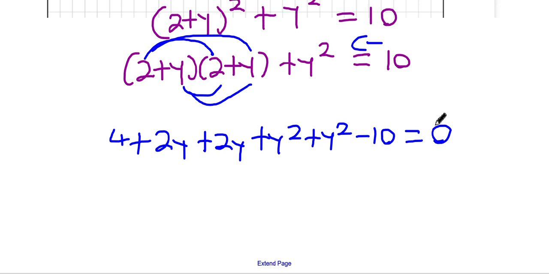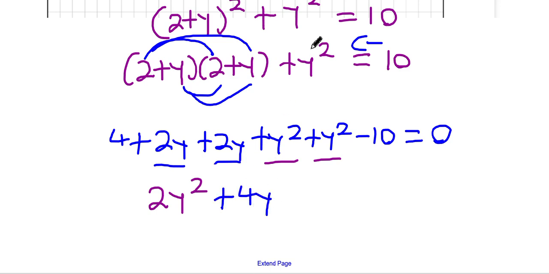How many y squareds do we have? So write down 2y squared. How many y's do we have? 2y and 2y, which is 4y. And finally, what's 4 take away 10?